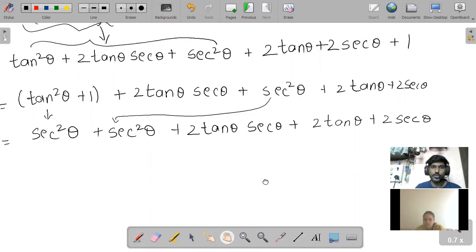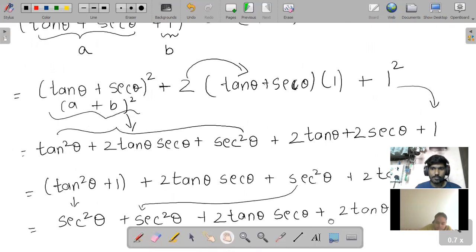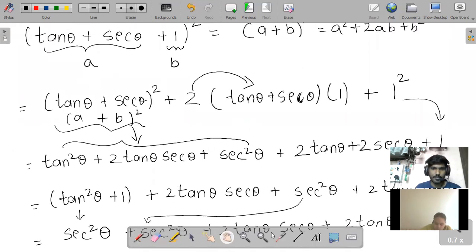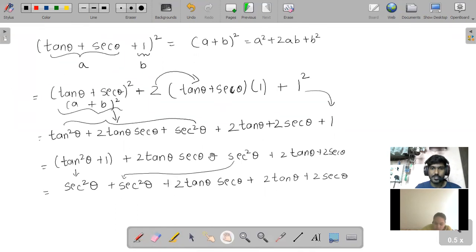Okay, I want you to write up to here, so I don't want confusions. This was just the tan theta plus sec theta plus 1, the whole bracket square. This is just the numerator. So understand each step and write it up to here.